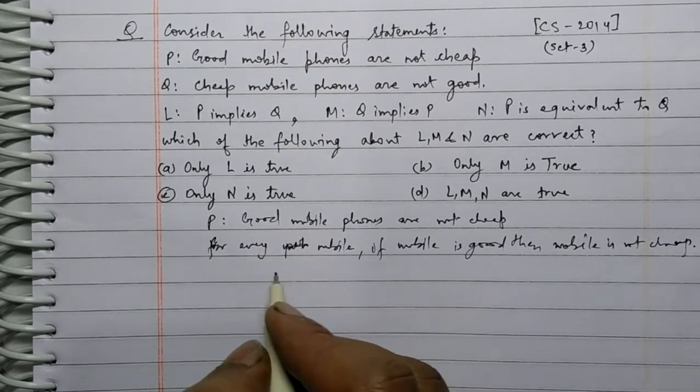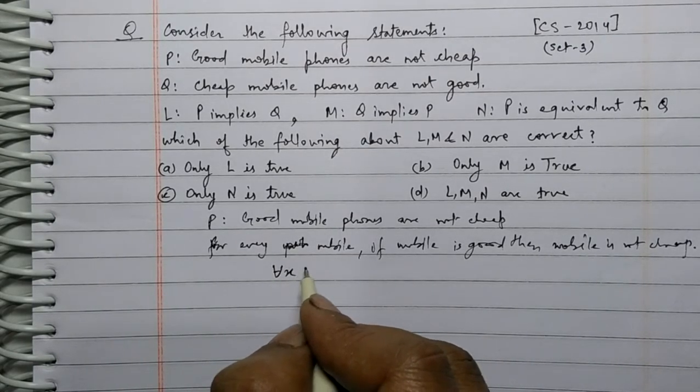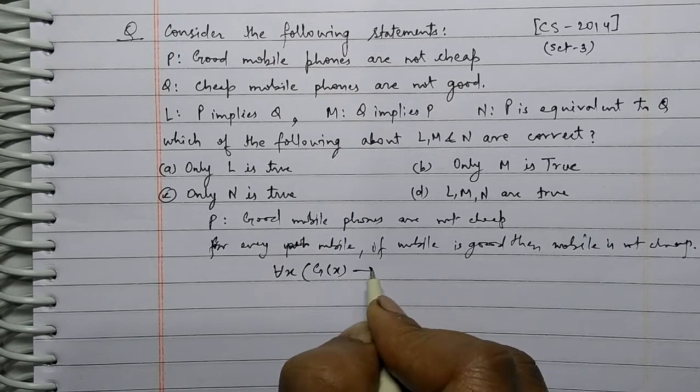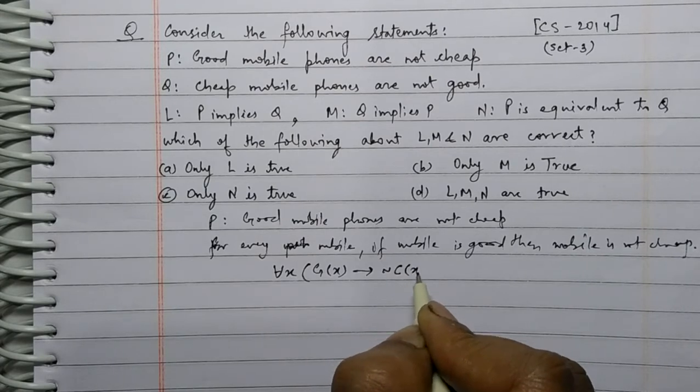So we will write it in a statement for every device X, every mobile X: if mobile is good, it implies mobile is not cheap.